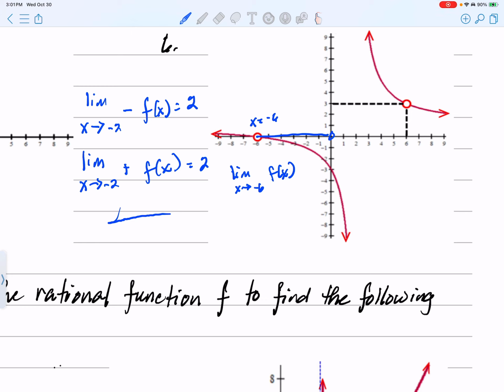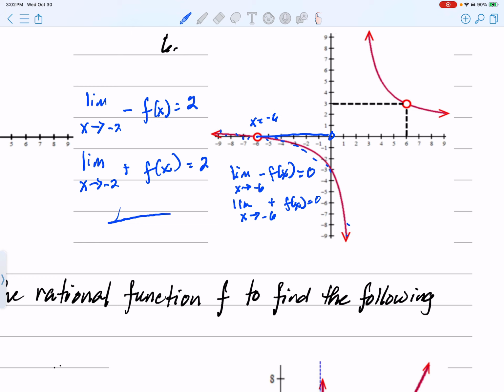It's 0, right? Left and right, going from the left. So this is from the left. The limit as x approaches -6 from the right, the function is still equal to 0.